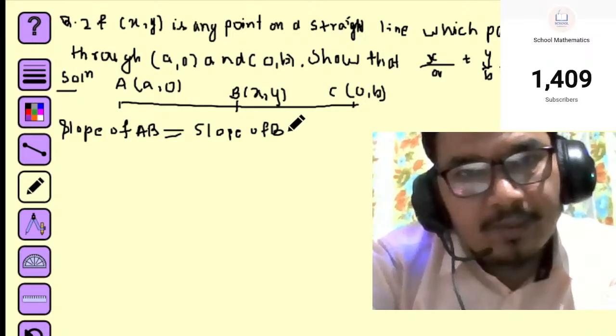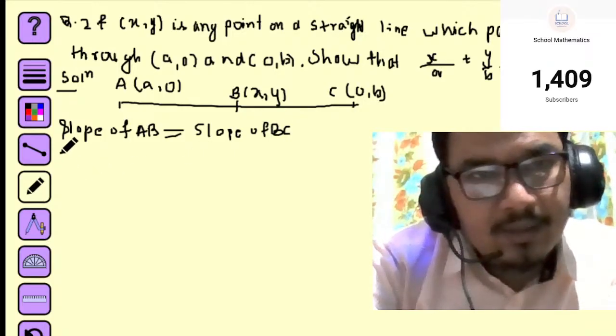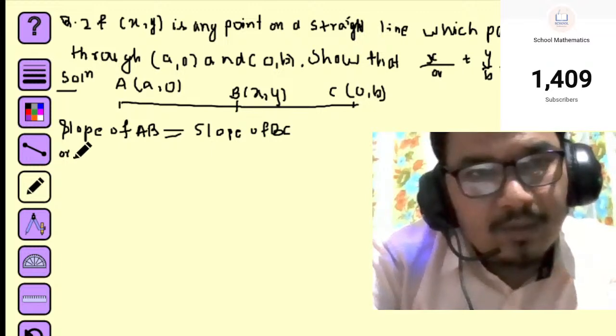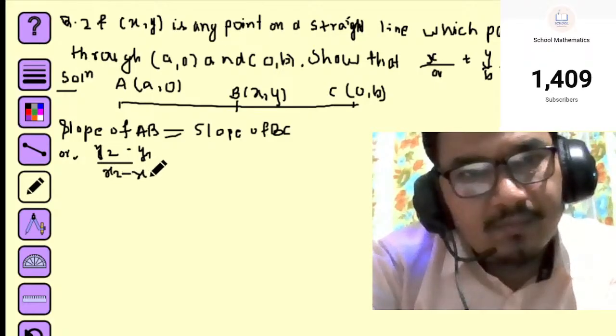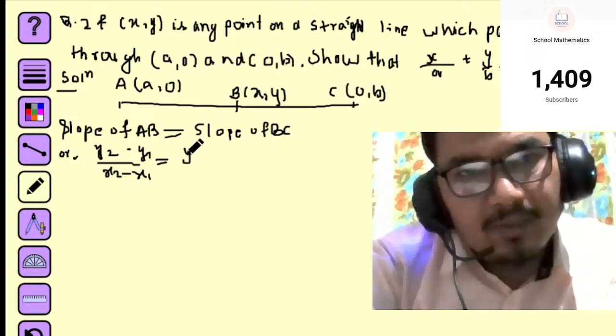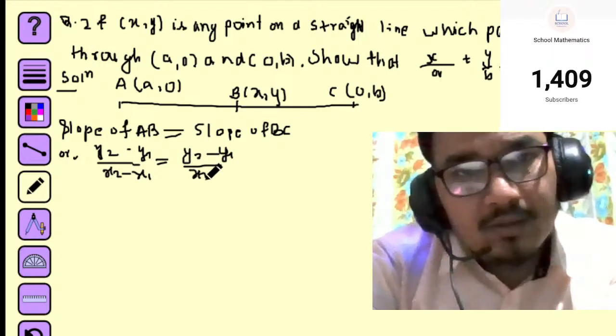Its formula is y2 minus y1 by x2 minus x1, and here also we use the same formula, y2 minus y1 by x2 minus x1.